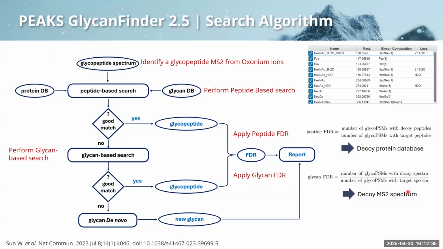So instead, we actually use a decoy MS2 spectrum and we calculate the FDR that way. It'll only be reported if both peptide and glycan FDRs are passed. And then anything that either doesn't pass this FDR, or if the spectrum didn't have a good match at all, it will undergo glycan de novo sequencing, and you'll have new glycans reported separately.